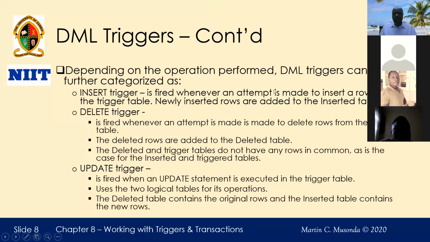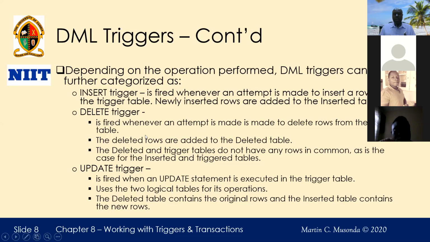Okay, so newly inserted rows are added to the inserted table. That's a system table. Now, the other type of trigger is the delete trigger. This is executed whenever an attempt is made to delete rows from a given table.